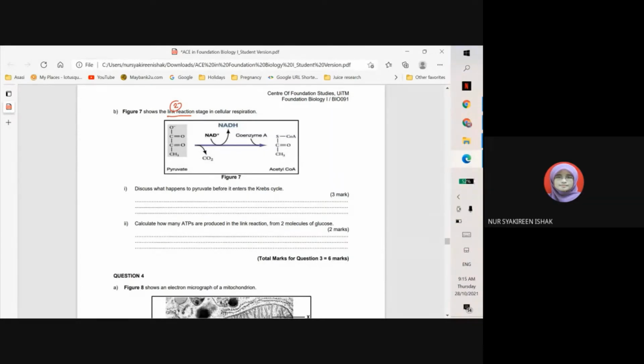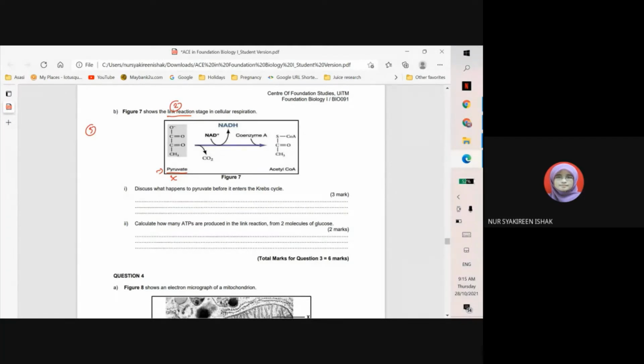For the link reaction, basically it involves three major reactions. If you look at this diagram, pyruvate is a 3 carbon sugar, and pyruvate is produced in the cytoplasm during glycolysis.